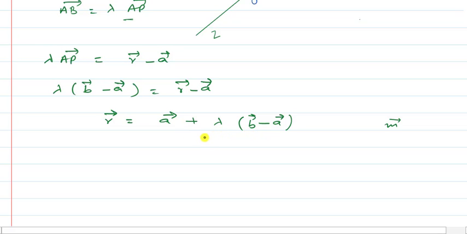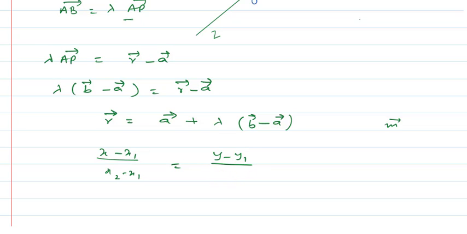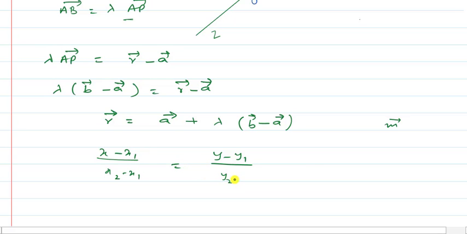Now, in a similar way, I have calculated the Cartesian equation. You can calculate the Cartesian equation of this line as x minus x1 upon x2 minus x1 is equal to y minus y1 upon y2 minus y1 is equal to z minus z1 upon z2 minus z1 is equal to lambda.